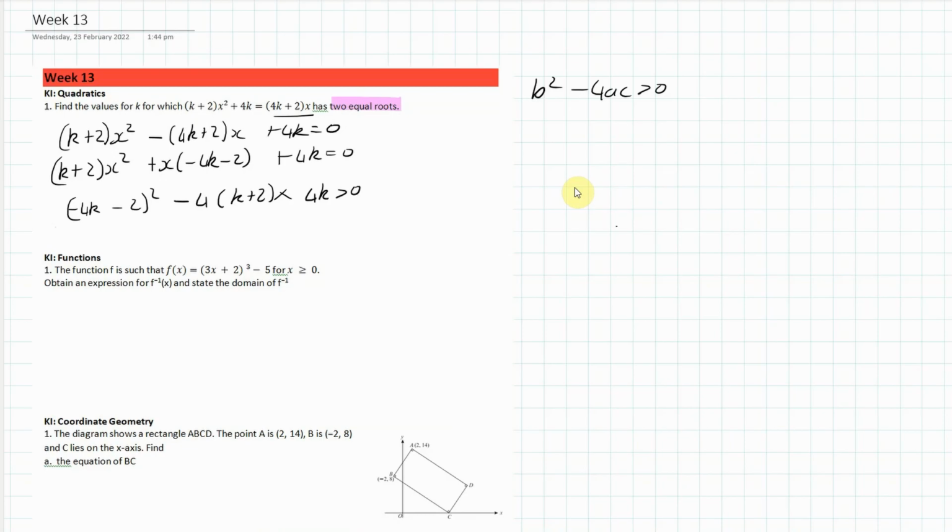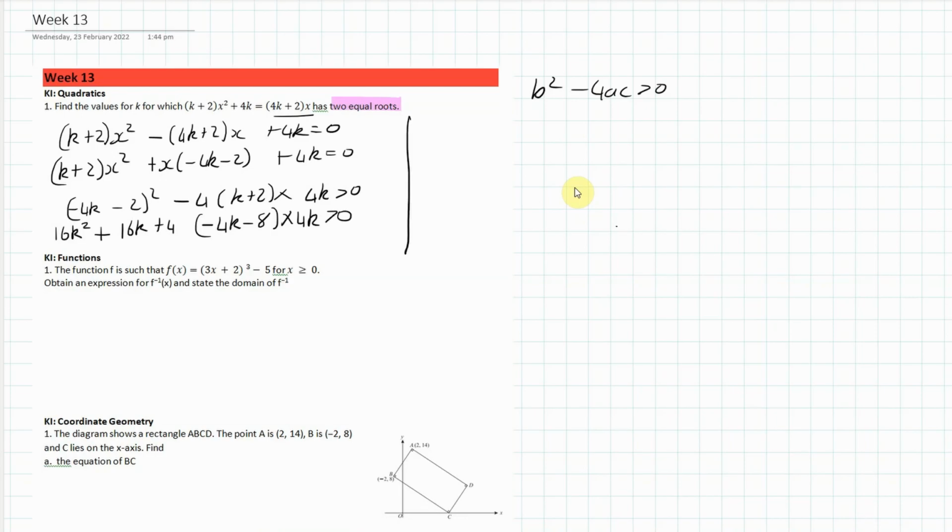So when we expand this, we'll get 16k squared, and then 4k times 2, so positive 8, positive 8, so 16k plus 4, and then when we expand the next bracket, it'll be minus 4k minus 8, and then that is going to be multiplied by 4k.